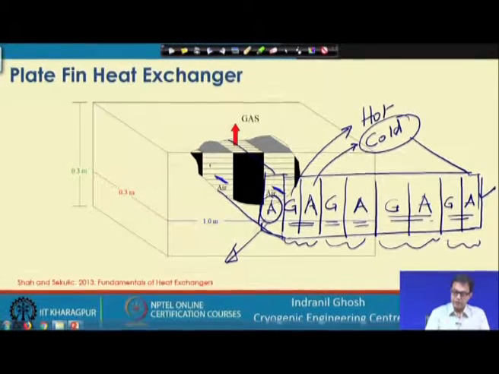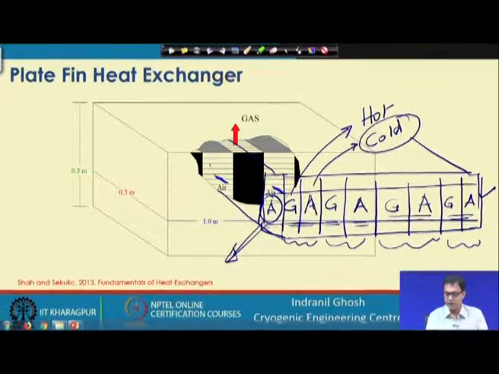Why? Because this is relatively colder than the hot stream, though it is warmer than the ambient air. We intend to keep a kind of symmetry for this entire heat exchanger, and we will talk about the requirement of this symmetry in the context of the plate fin type heat exchanger later on. For the time being, we assume that we keep an air stream at the end.